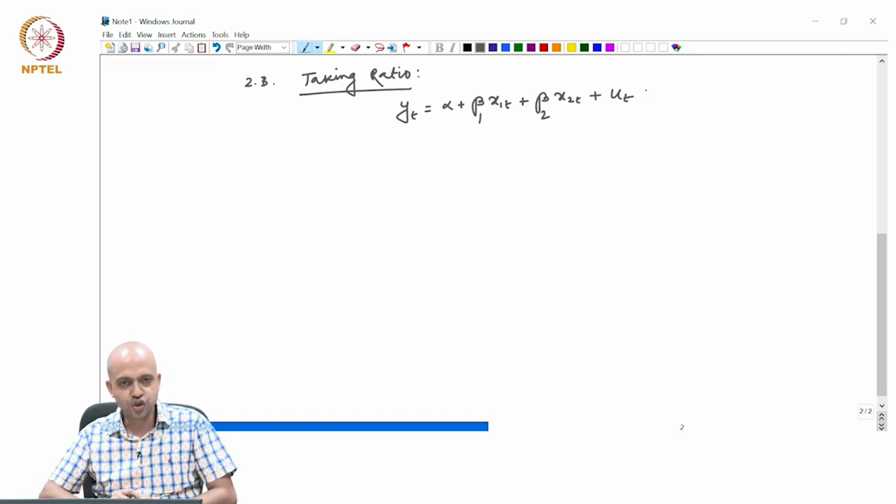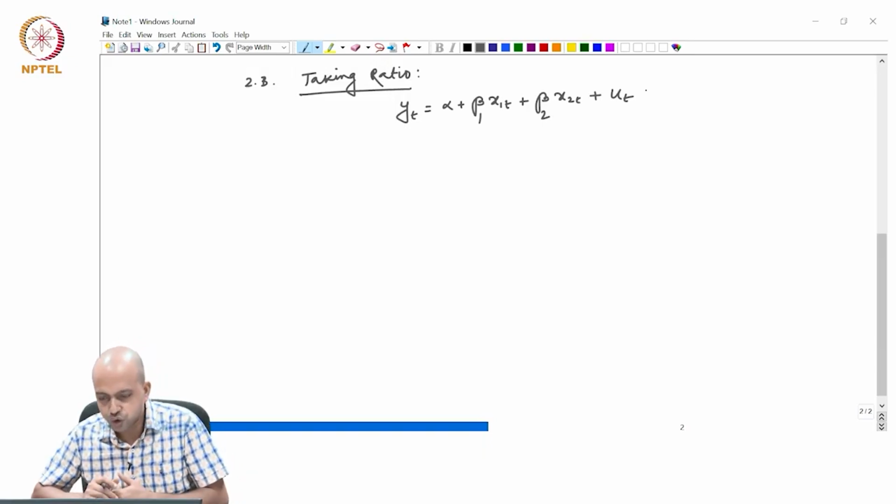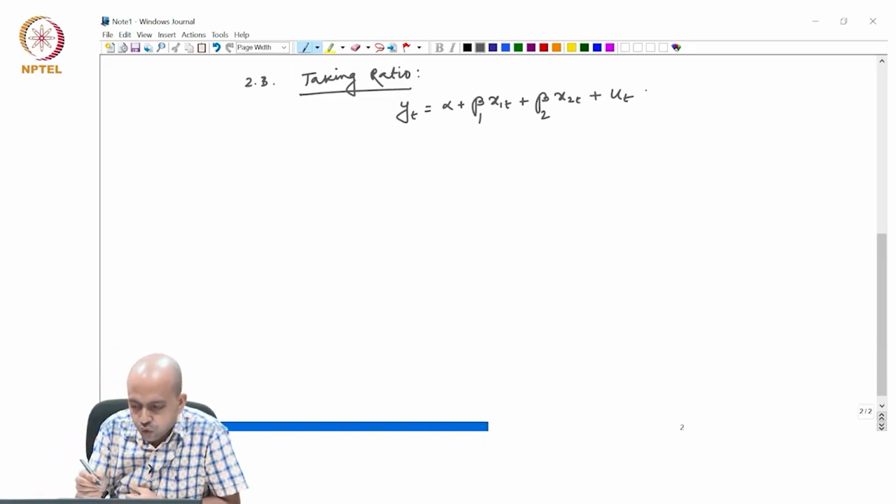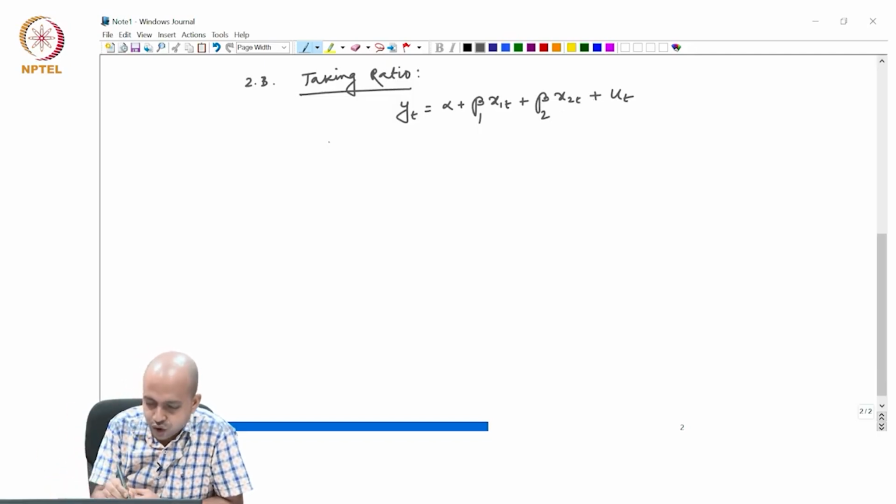So, there is a chance that GDP and population would be highly correlated. What you do to overcome that is divide both sides of the equation by x 2 t. So, what will you get?